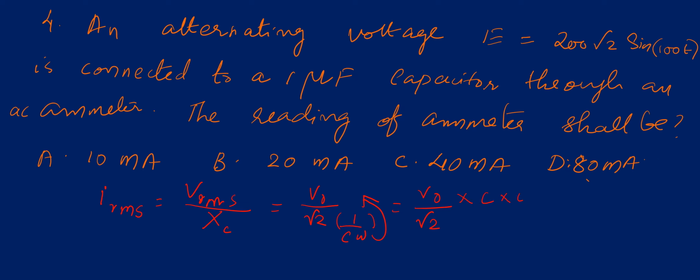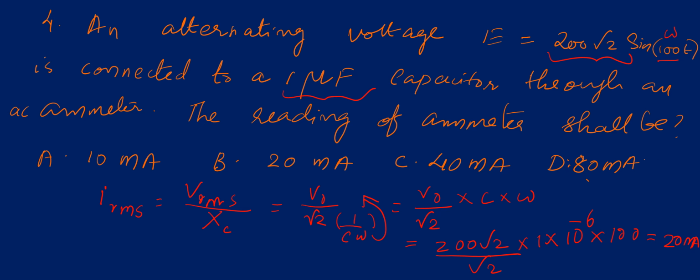V0 is given, that is 200 root 2, divided by root 2, into C, which is 1 microfarad. Micro is 10 raised to minus 6 and omega is 100, from sin omega t. So you will get 20 milliampere. Option B is the correct one.